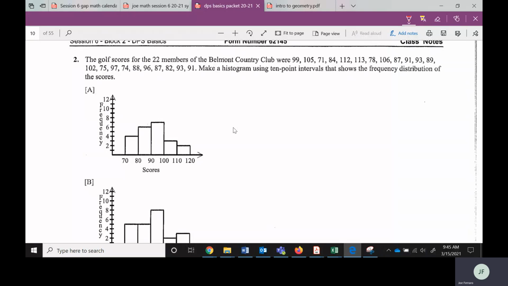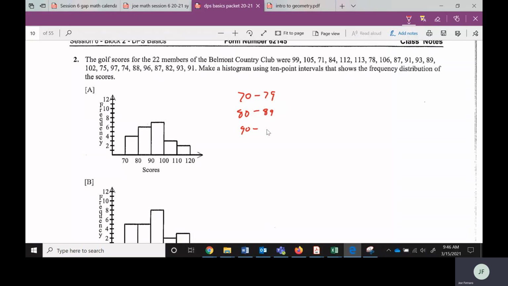If you count out 70 to 80 and count both 70 and 80, that's actually 11. So if you started at 70, you'd go to 79, and that would be a 10-point interval. Then we would start at 80 to 89.